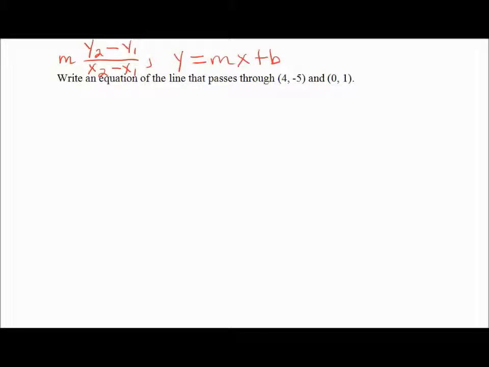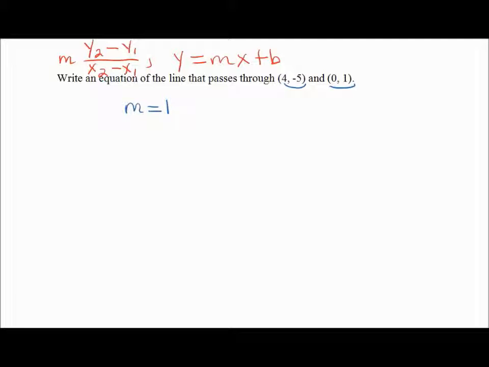Once again, what information do we need? We need to know the slope of the line. We have these 2 points. This line passes through the point 4, negative 5, and 0, 1. You got 2 points and they're on the exact same line. So let's figure out what the slope of this line is. So this becomes, I'm just taking my ordered pairs and I'm arranging them into the slope formula.